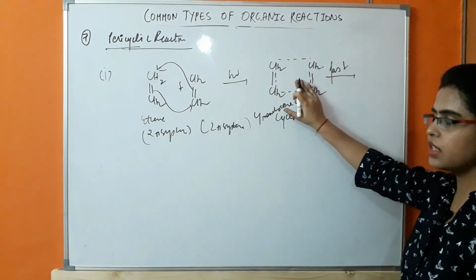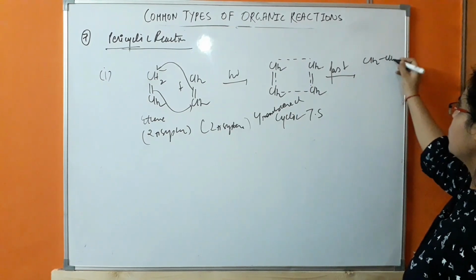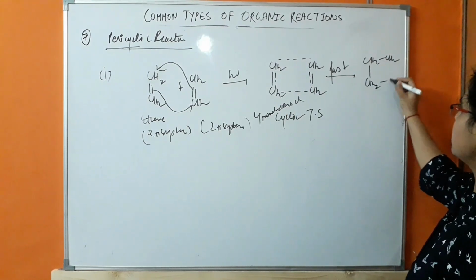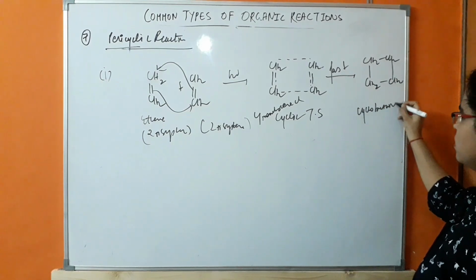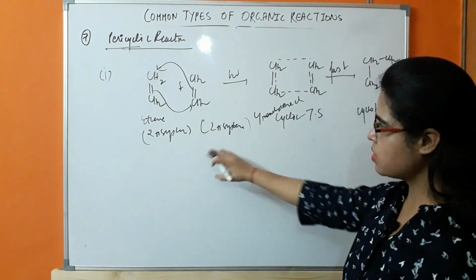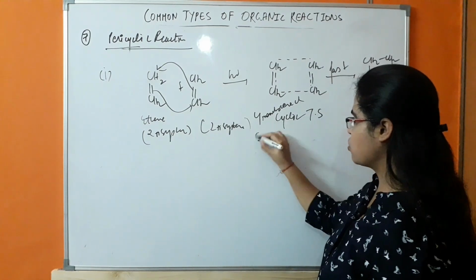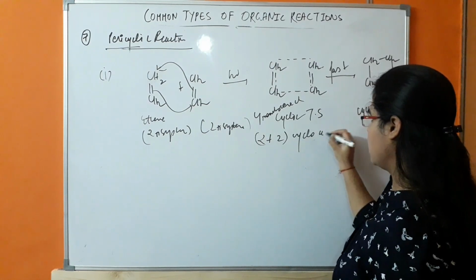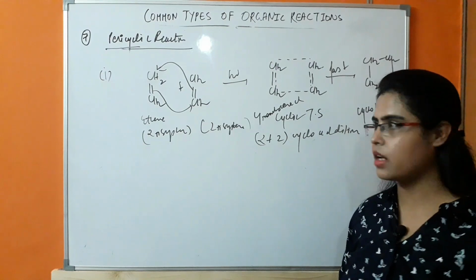The transition state is unstable, so it will immediately convert into a cyclic system. This is cyclobutane. In this, a 2-pi system is joining to a 2-pi system, so it is known as 2+2 cycloaddition. This is known as 2+2 cycloaddition.